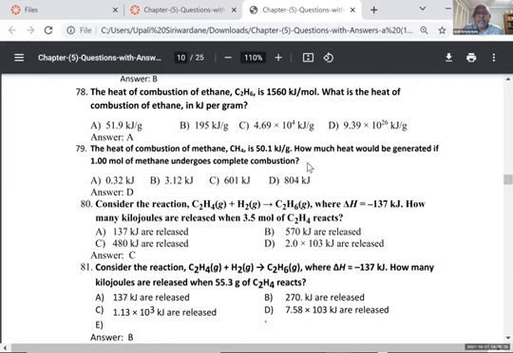Molar mass of C2H6 is 12 times 2 is 24, plus 6 is 30. So this is divided by 30. 1560 divided by 30 is A. Let me check it.